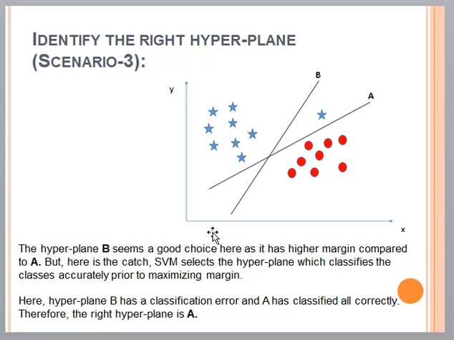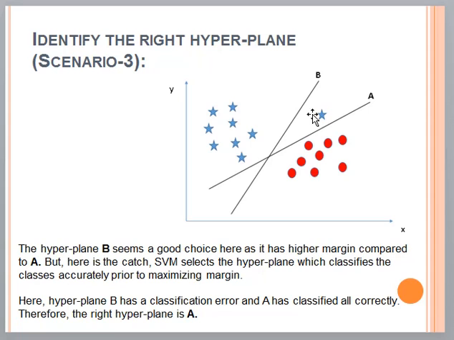So the catch here is that the SVM selects the hyperplane which classifies the classes accurately prior to maximizing margin, right? So the SVM will select hyperplane A, because it is giving importance to the classification, since hyperplane B is misclassifying this data point here.